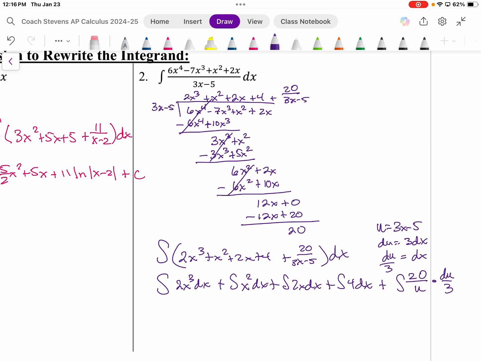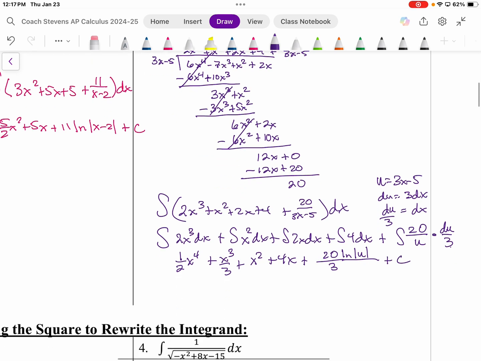I would have said, okay, I got to make sure I put a 1/3 out front. So now as we do this, it's to the 4, so it's 1/2 x to the 4 plus x cubed over 3 plus x squared plus 4x plus, it's a fraction technically because it's over 3, so it's 20 over 3, and then it's ln of whatever u is plus c, and then we can just substitute back in what the u is.